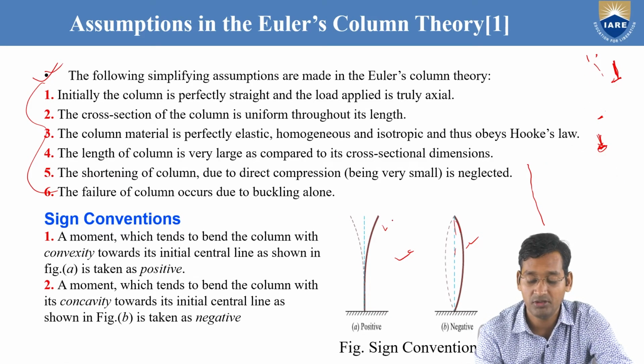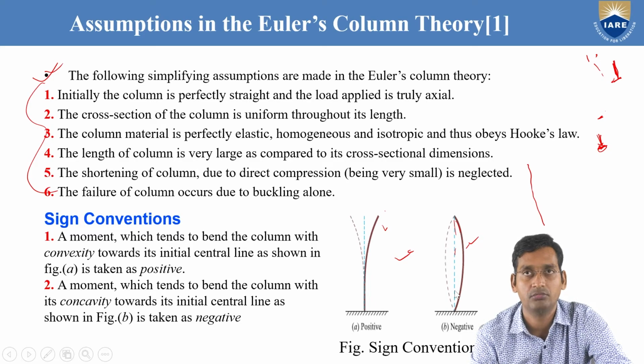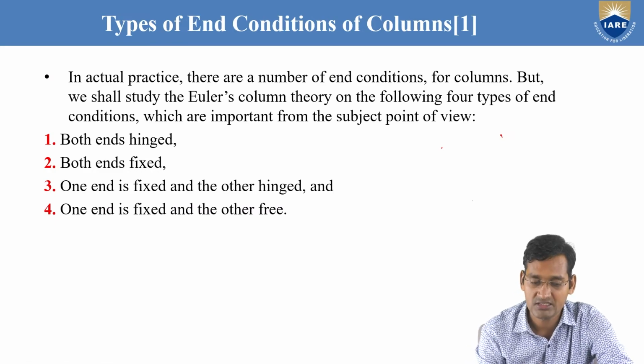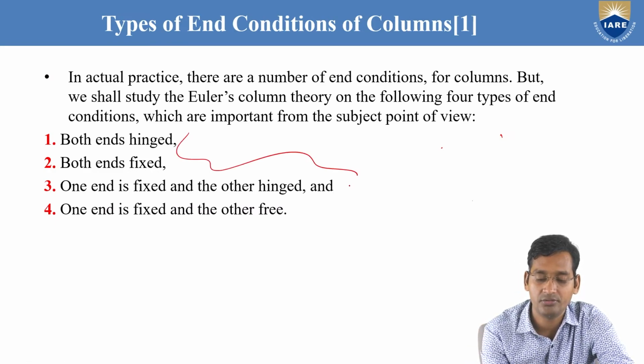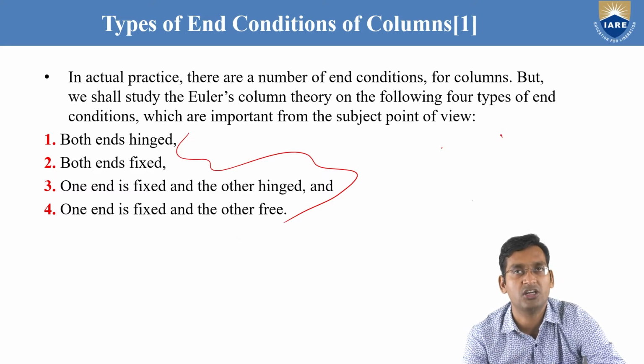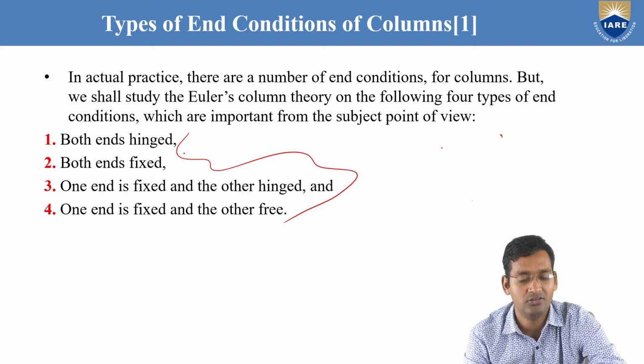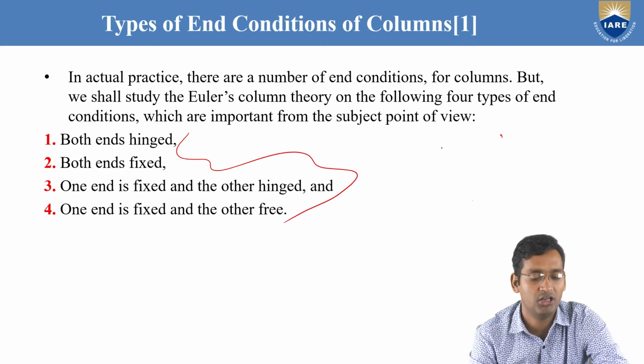Then sign convention will be, if it's a convex type, then it's positive. If it's concave type, it's negative. Next, these are the conditions, right? Many conditions are there, but according to your syllabus, these 4 conditions are there, right? So one by one we will see the derivation for each.